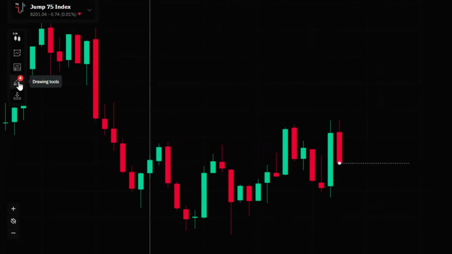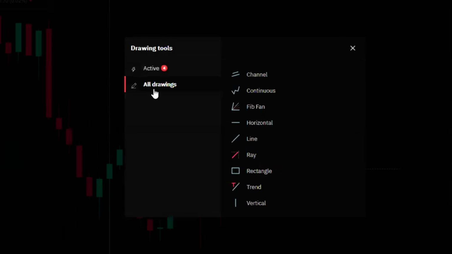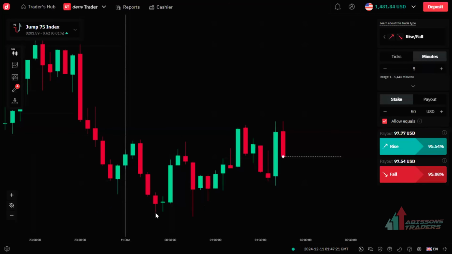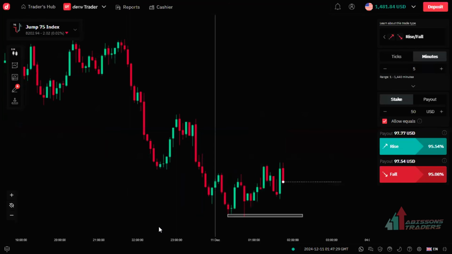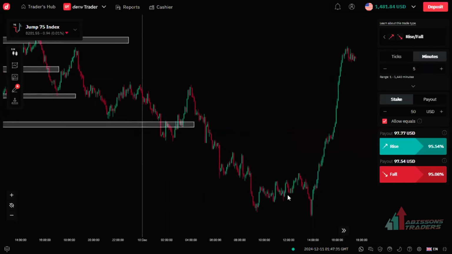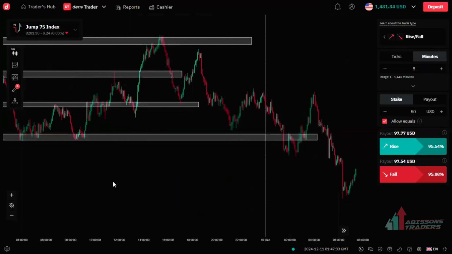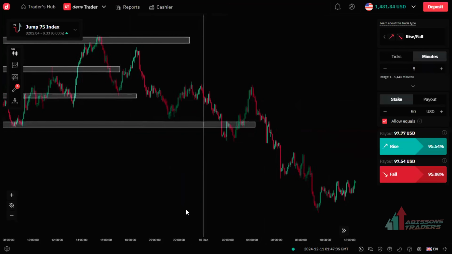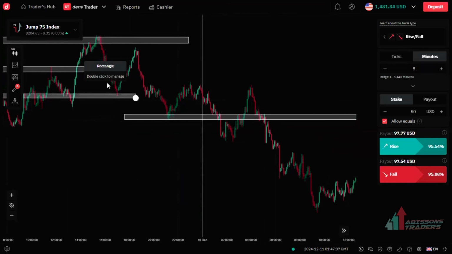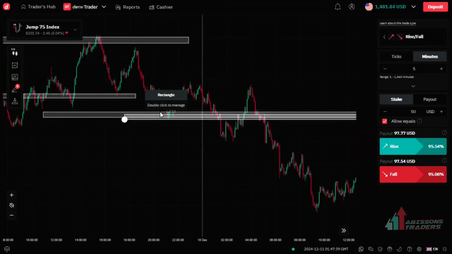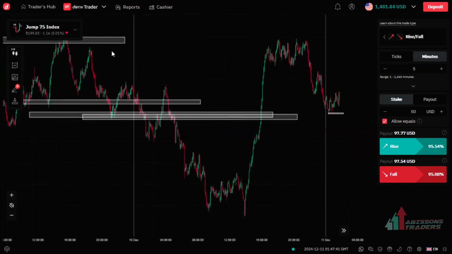So I'll just click here and choose any drawing tool, but for this strategy I prefer the rectangle. You just click on it and use it to mark the reversal levels like this. Even if I scroll back, you see that I was still using the same drawing tool before, and I think I will use them to analyze the current price. So now let me start analyzing the chart and look for entries.